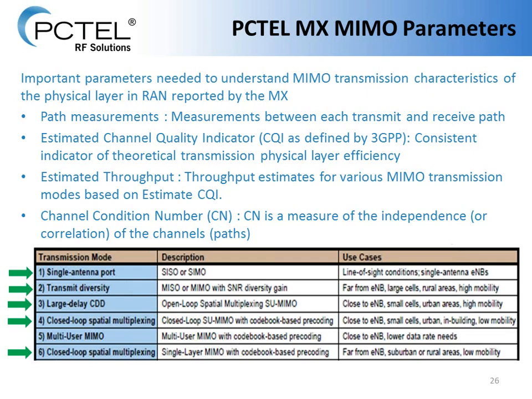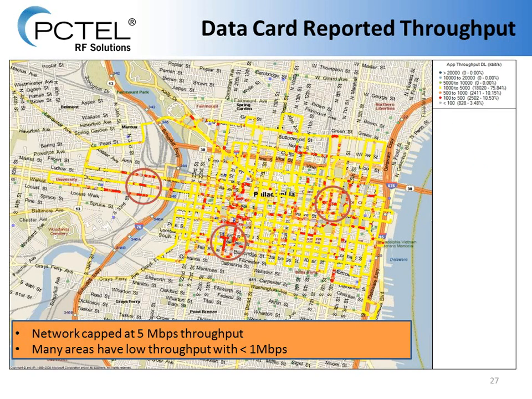So let's look at the data card throughput that is on the next slide. And again, this is the same area in Philadelphia. When we look at this, we see that the data card throughput seems pretty low. It doesn't go above 5 megabits per second. And what we're finding out is that the network was actually capped at 5 megabits per second for the UE.